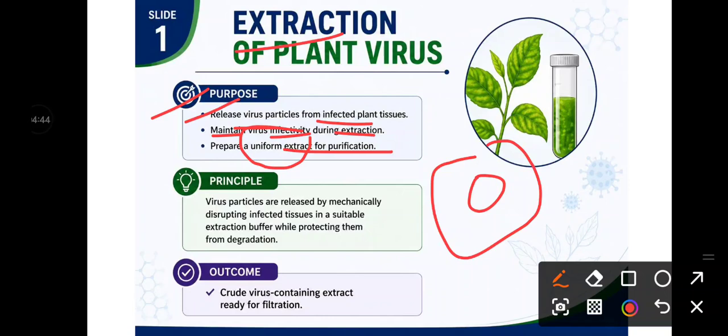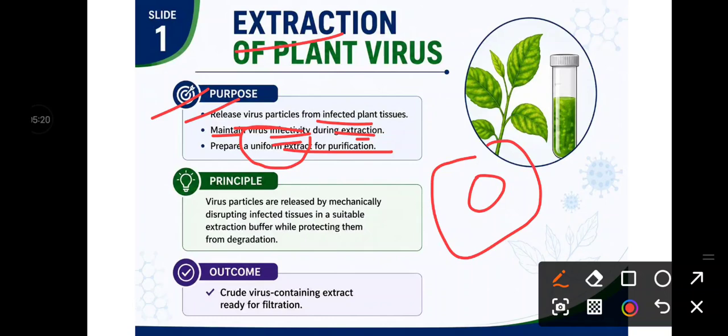Then to maintain the infectivity during the extraction by using specific chemicals like extraction buffer. We will discuss in detail what chemicals are used in the extraction buffer, why they are used, and what their characteristics are. Then the ultimate purpose is to prepare a uniform extract that will be used for the purification process, so that we will get good virus yield.